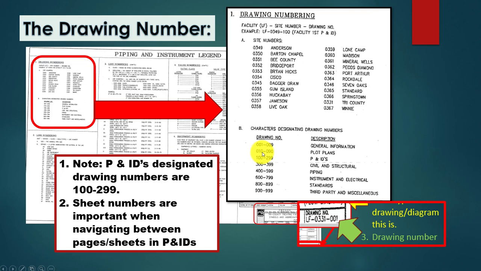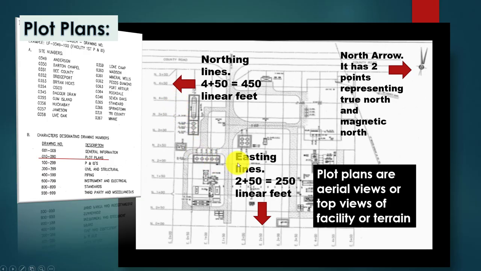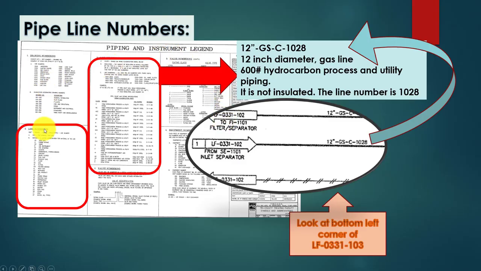And then if the next sheet would be P&IDs, then the next sheet would be sheet 100. So we skip all of those numbers because those are, again, just designated for plot plans. I explained to you about northern and eastern lines in the last video, so I'm not going to go into details here. Pipelines. After the drawing number, we have line numbering.